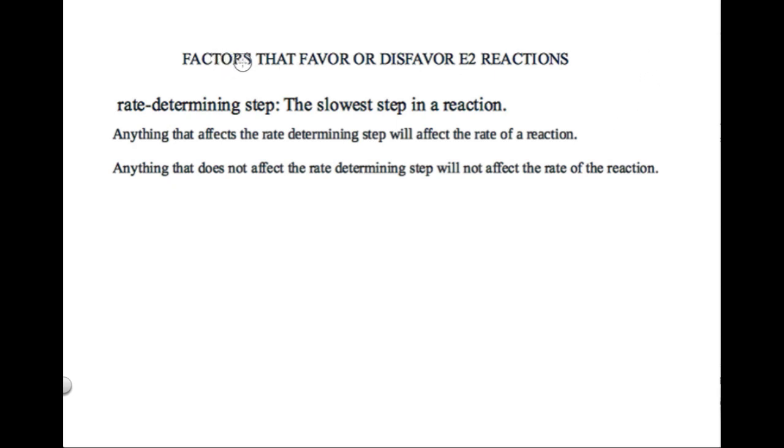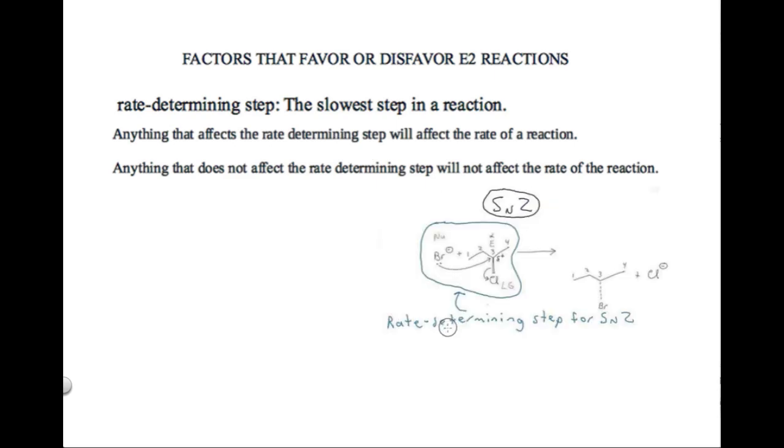Now, the factors that favor E2 reactions are in many ways similar to the factors that favor SN2 reactions. So I think I'll start here by briefly reviewing the factors that favor SN2 reactions. To start with, what would you say is the rate-determining step for an SN2 reaction? Here's the answer.